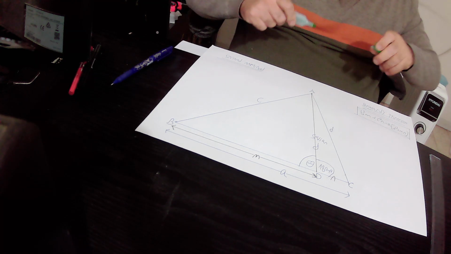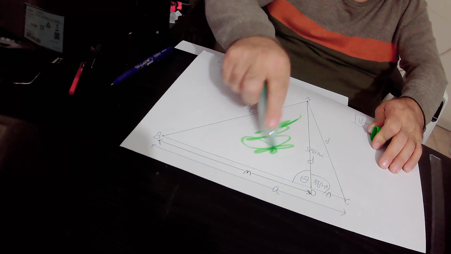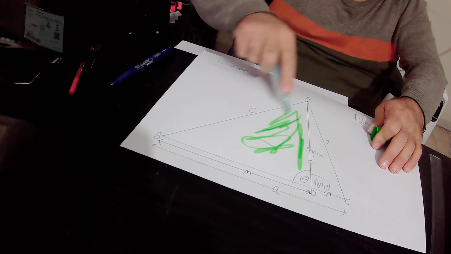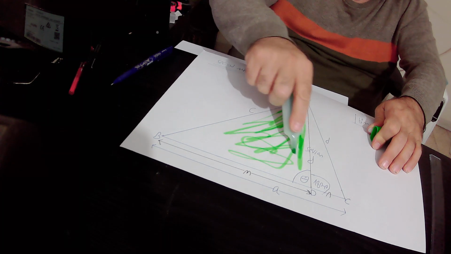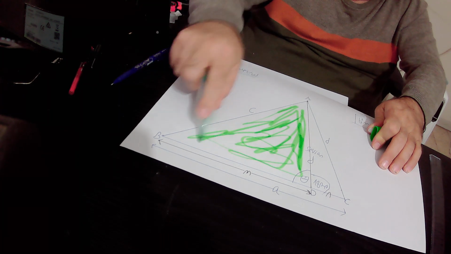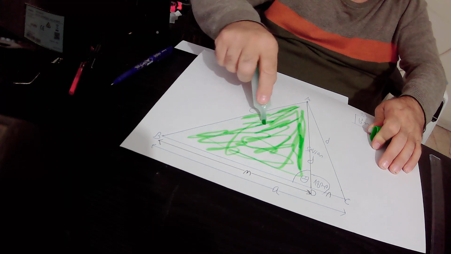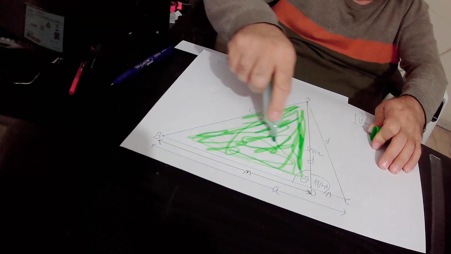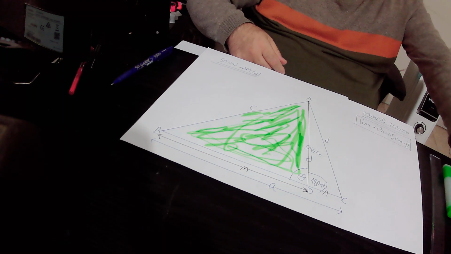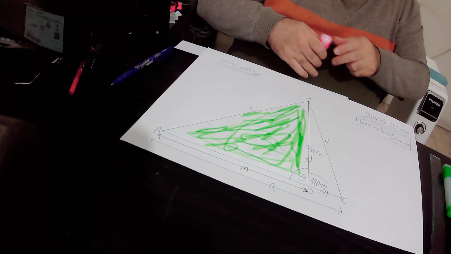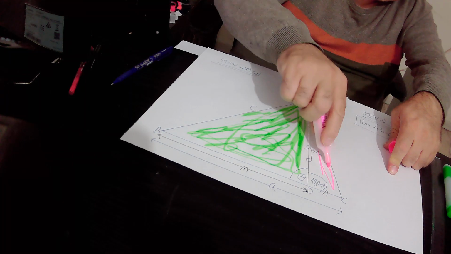Okay, in the next step, we implement the law of cosines on the green triangle, triangle ADB, and then we'll also implement the law of cosines in the pink triangle, triangle ADC.